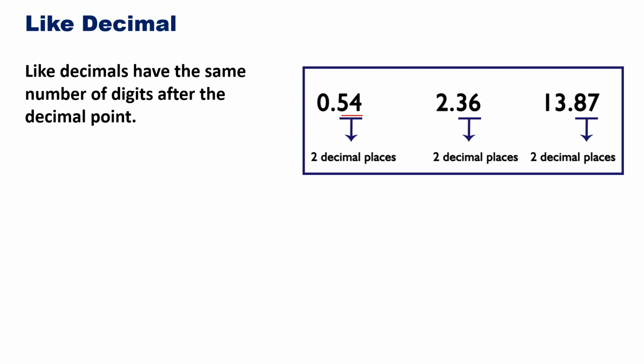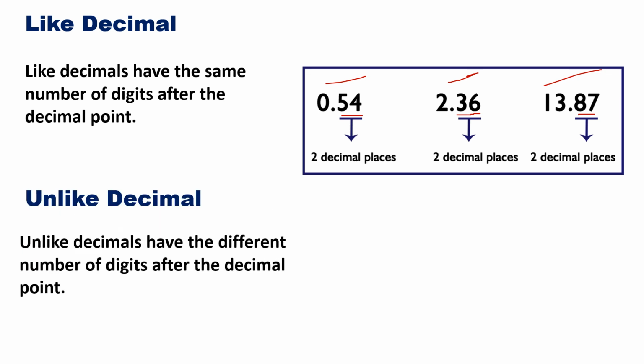And in the next number 2.36, after the decimal point, we have two decimal places or two digits. And in the third number 13.87, after the decimal point we have again two digits. So in these three numbers 0.54, 2.36 and 13.87, two decimal places or two digits are available. So this is called like decimals.